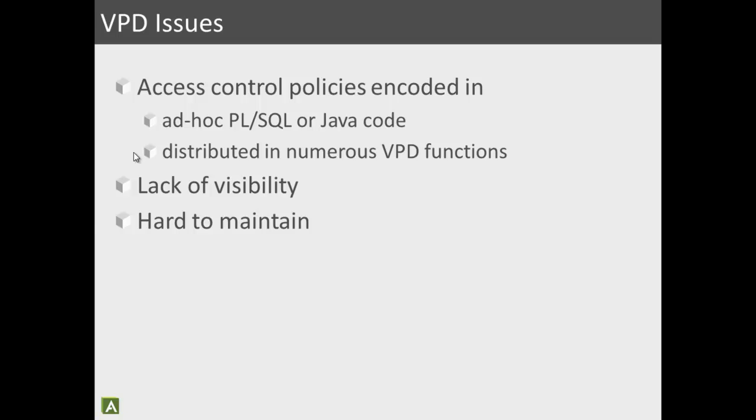First of all, the access control policies are actually encoded within the database server as PL/SQL or Java code. In addition to that, the policy functionality is distributed across multiple virtual private database functions. This seriously reduces the visibility into which authorization is being applied to the data, and it makes management and maintenance of the authorization particularly difficult.